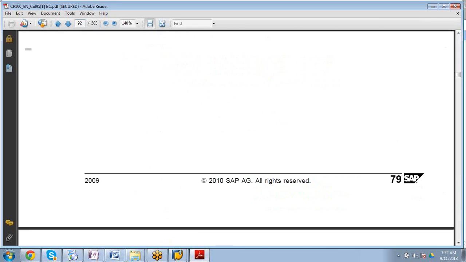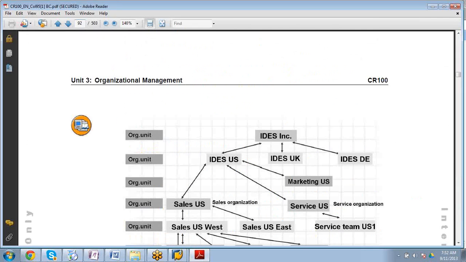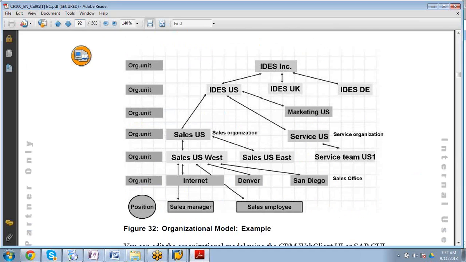So to start with, just take this example, the organization model. I'll start explaining. Take this diagram in your note, and don't straight away simply write it down. Just see. I will be developing this diagram in a more elaborated way.